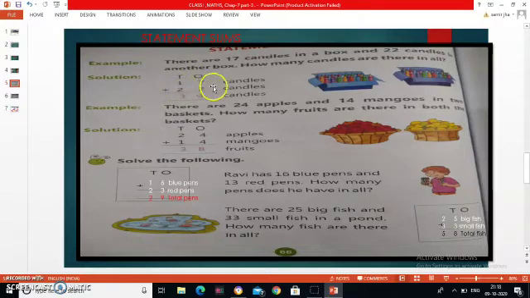Now you have to place these numbers properly according to their place value. See, 17 means 10 and 7. So at 10's place we will write 1 and at 1's place we will write 7. Here 22. So at 10's place you will write 2 and at 1's place 2. Now then we will write these things together. See, how many candles are there in all?